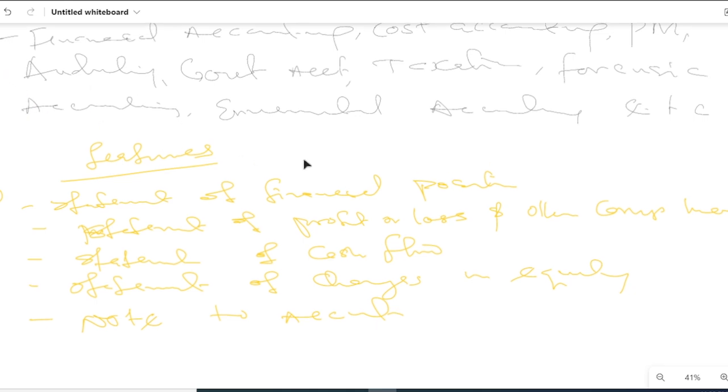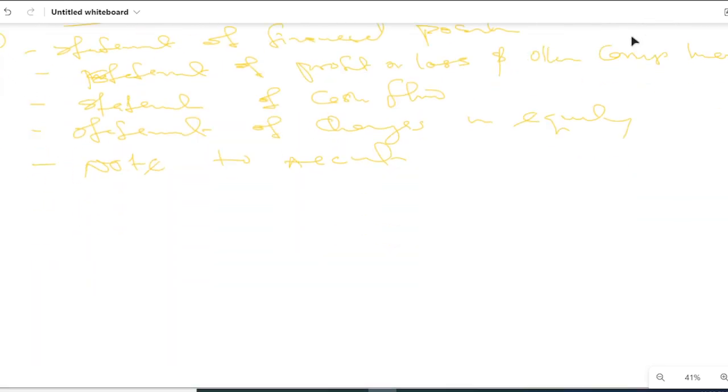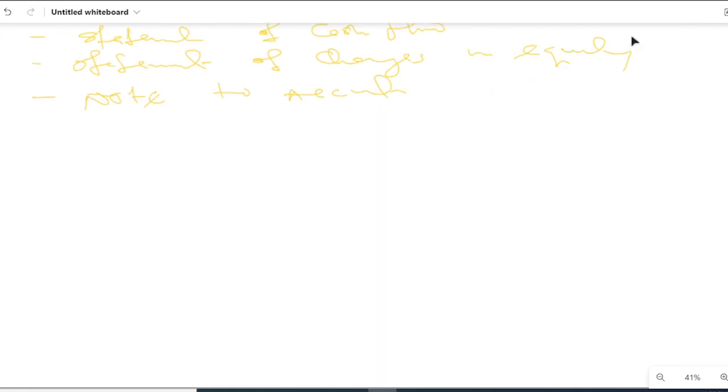So now we are going to look at the qualitative characteristics. We just stated the components of financial statements according to IAS 1. Then we are now going to look at the characteristics. Under this, we have relevance.